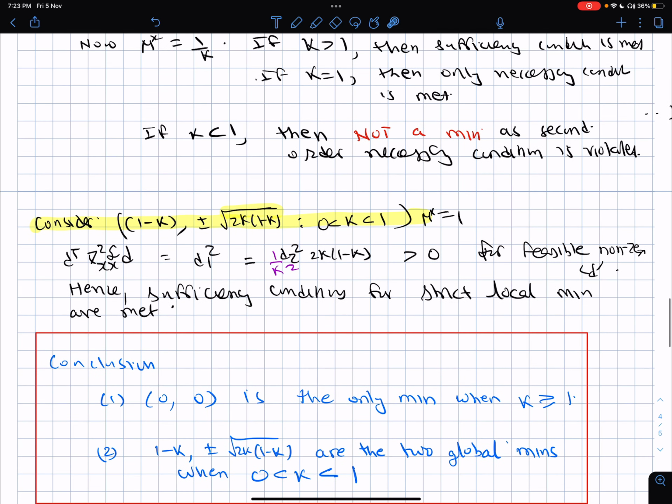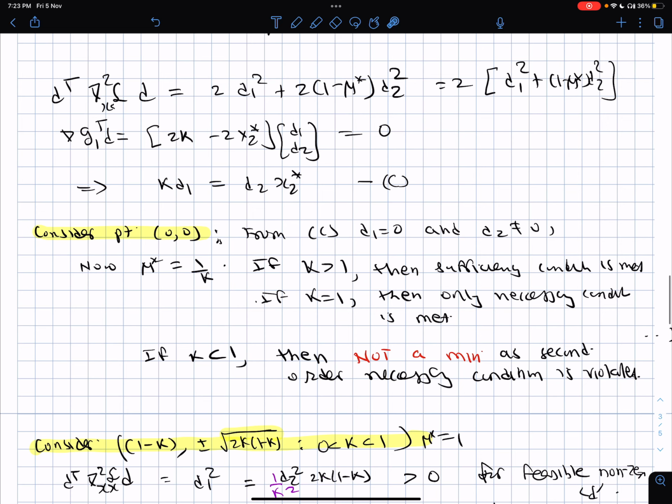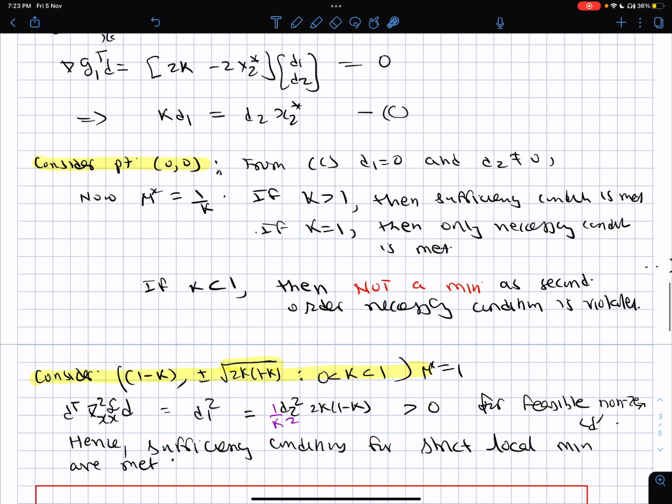But what is d1's connection to d2? d1 is d2 by k into x2 star.